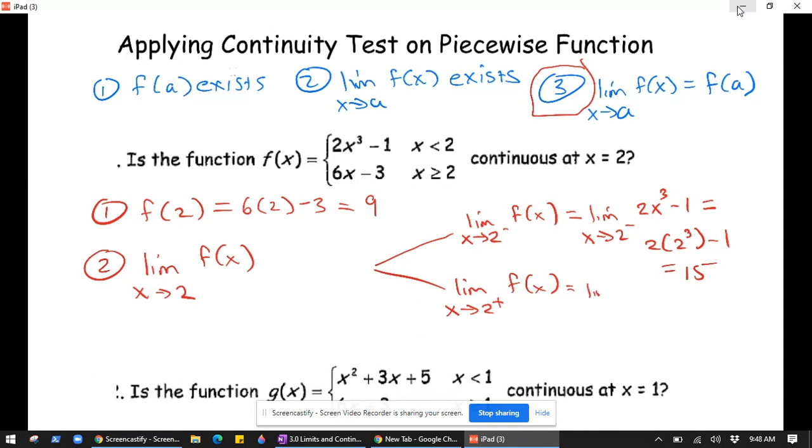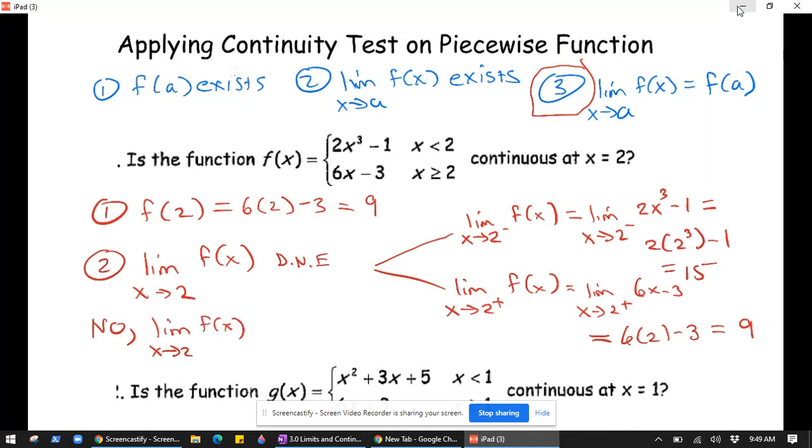So we use substitution there, and that equals 6 times 2 minus 3, which is 9, okay? But because the left-hand limit does not equal the right-hand limit, the limit as x approaches 2 doesn't exist. And now we answer the question, is the function continuous at x equals 2? We say no, and the reason is because the limit as x goes to 2 does not exist.